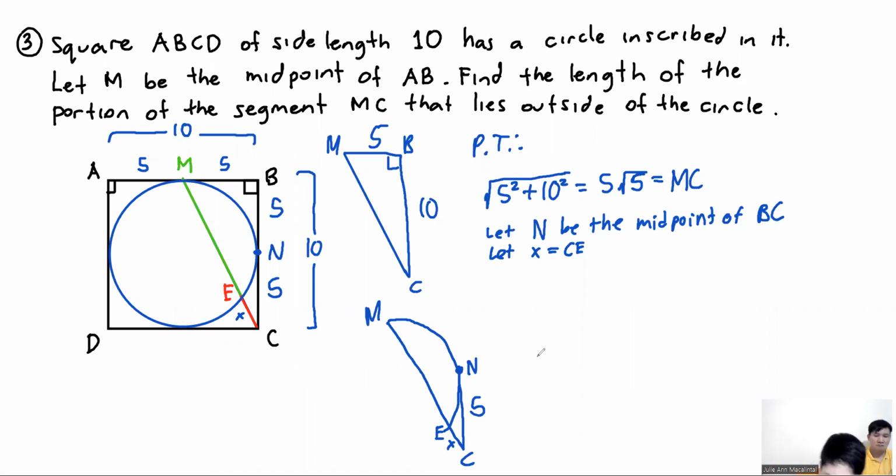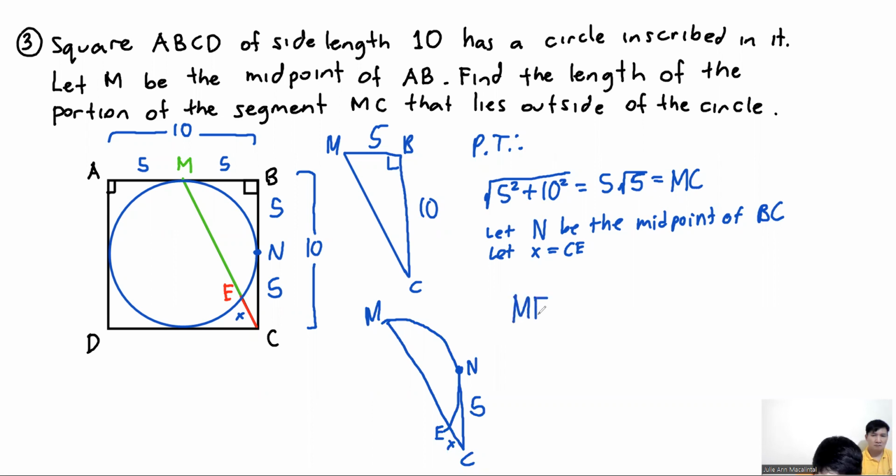So there's another theorem. It involves a tangent and a secant. In this case, MC is part of the secant line MC. MC is divided by the circle into two segments, ME and EC.